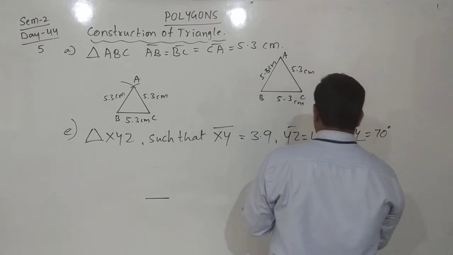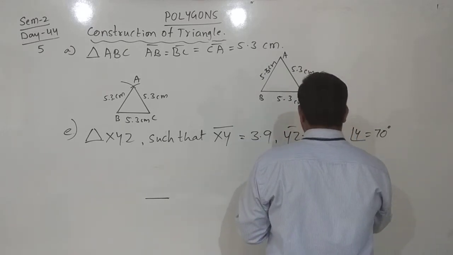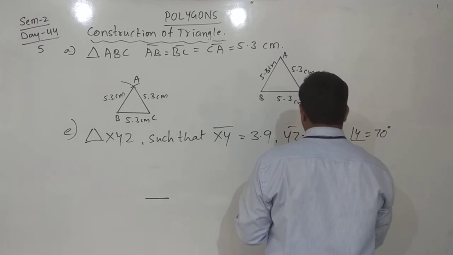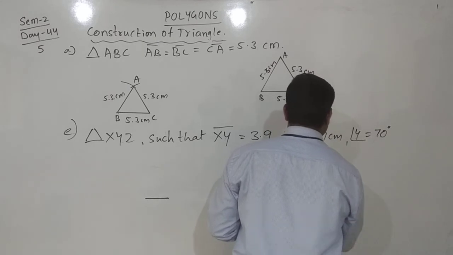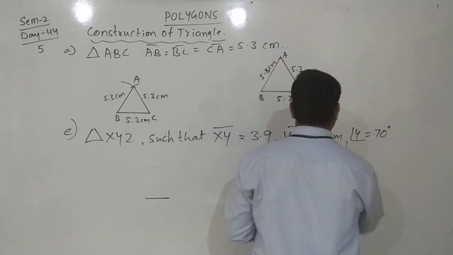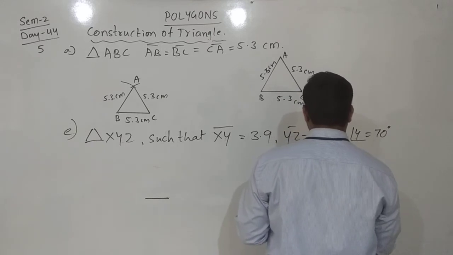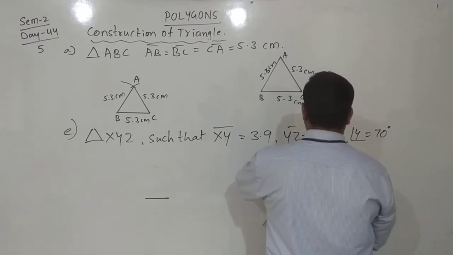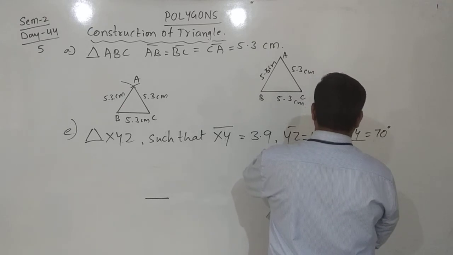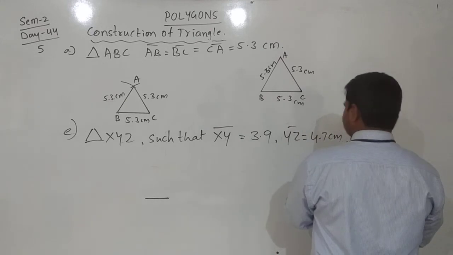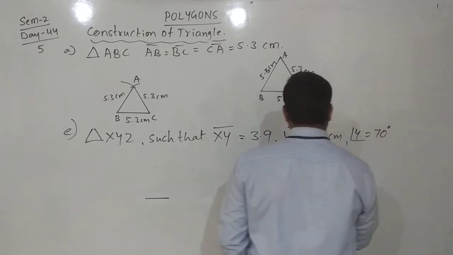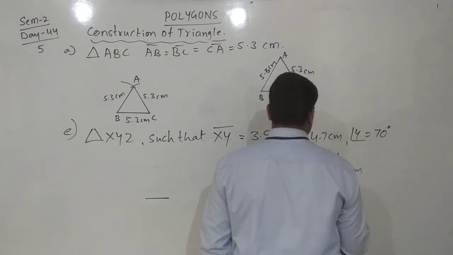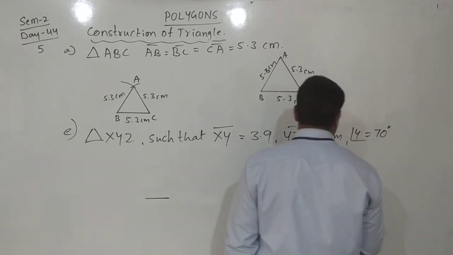X, Y, XY, or we can take 4.7 centimeter. YZ is 4.7 centimeter, and at Y it is 70 degree. At Y it is 70 degree and XY is 3.9.